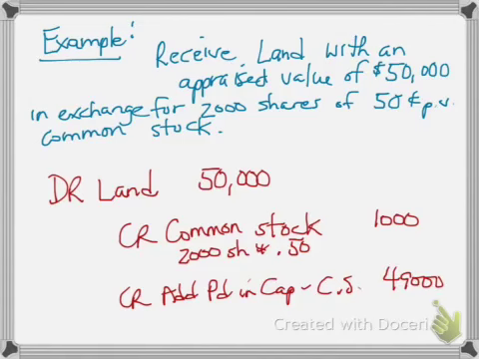We're going to credit common stock for the 2,000 shares times the 50 cents par value, which is $1,000, and then we're going to plug the difference to additional paid-in capital for common stock. And that's just some of the basics of entries with common stock for cash or common stock for other assets.